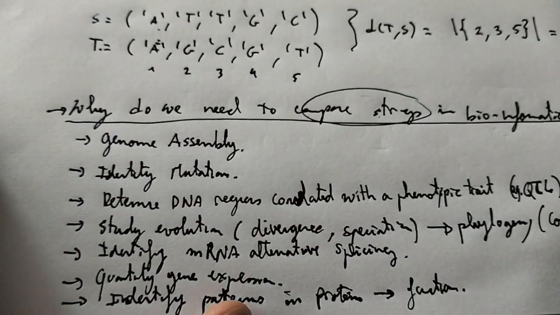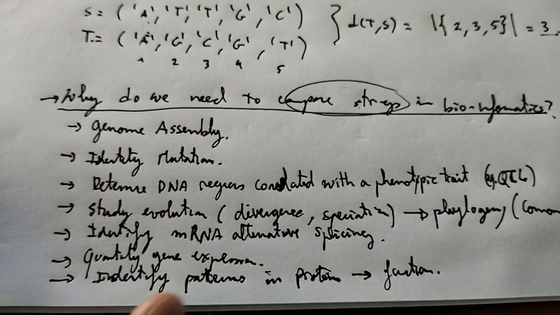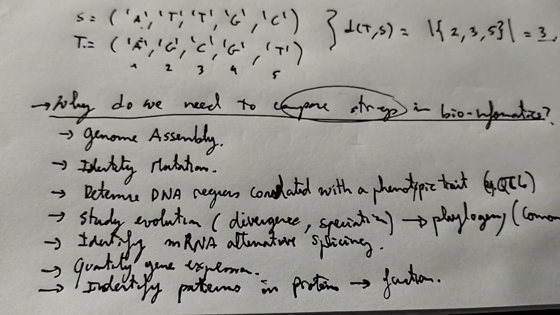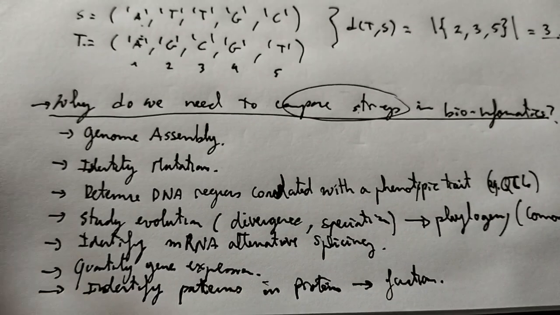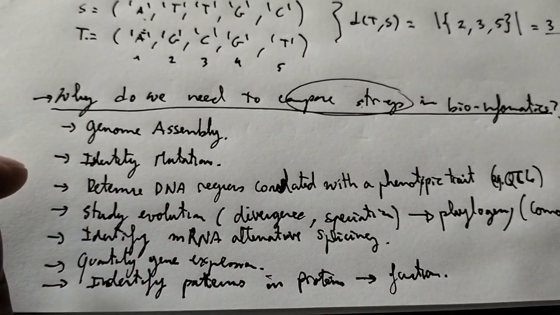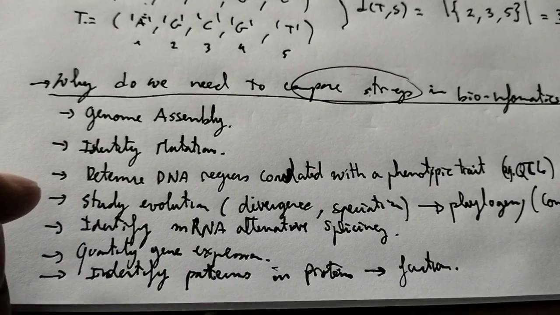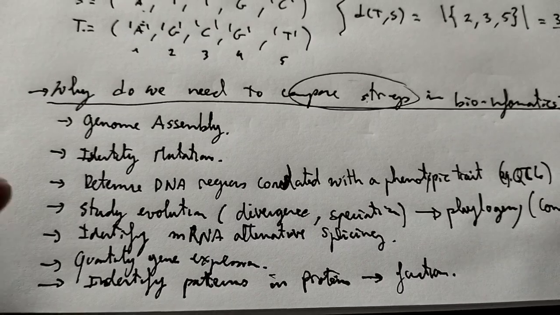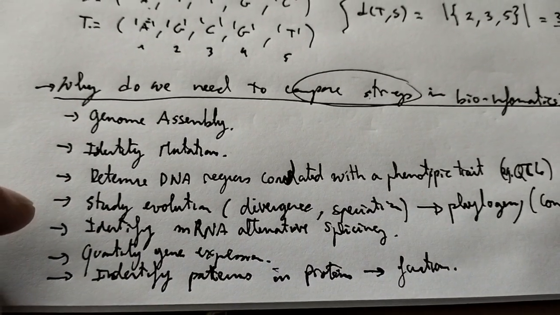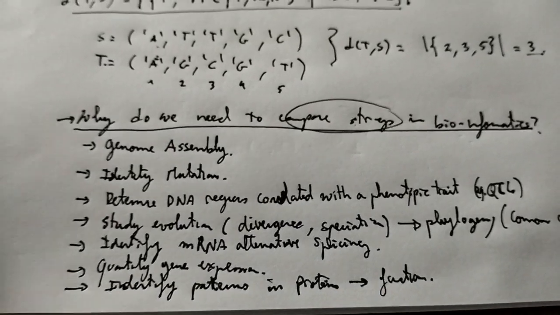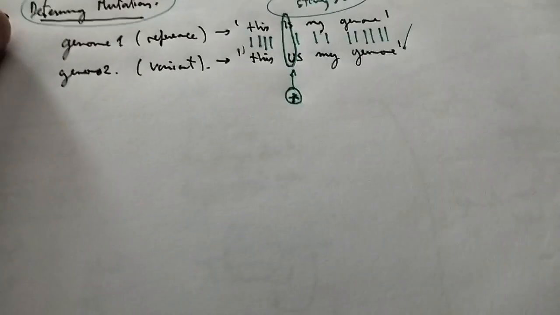Then we have studied different kinds of applications that may require to compare strings in bioinformatics. We have mentioned, for example, genome assembly, identification of mutations, the study of evolution, for example, phylogeny, and so on. Regarding these applications, we have focused on 3 applications.